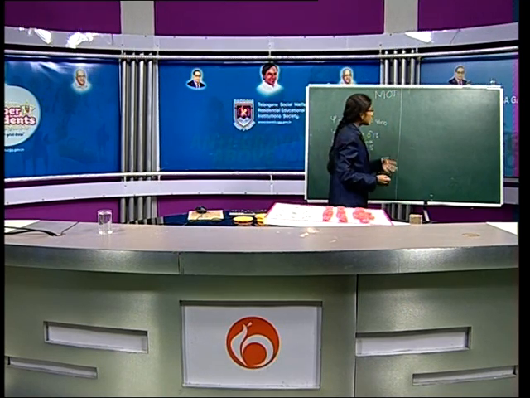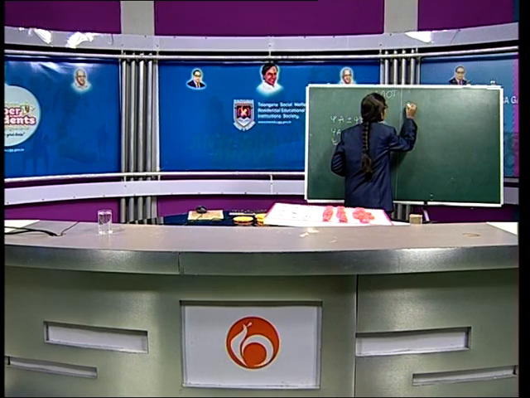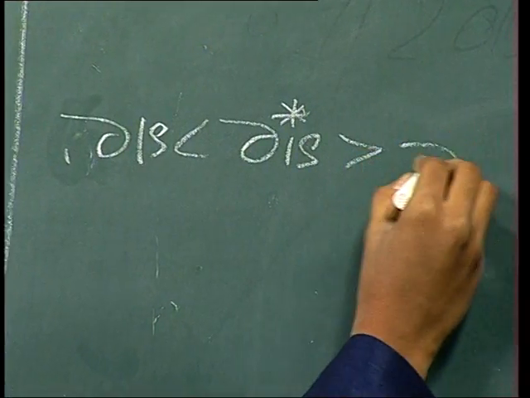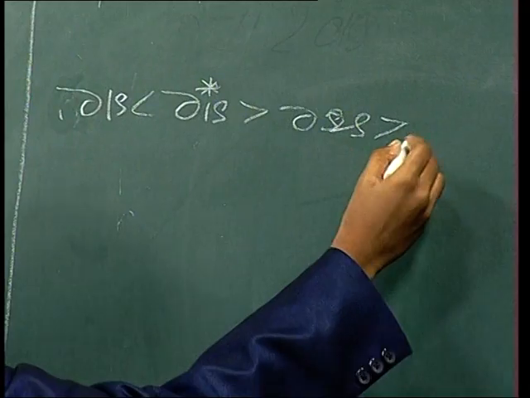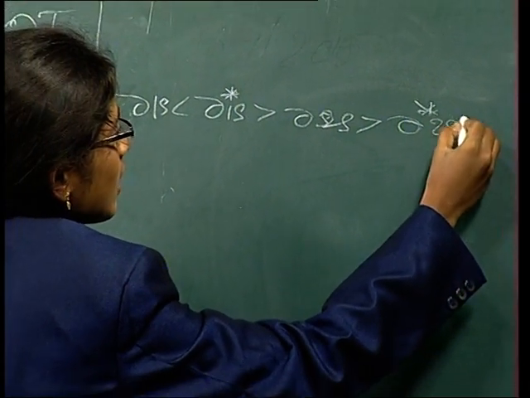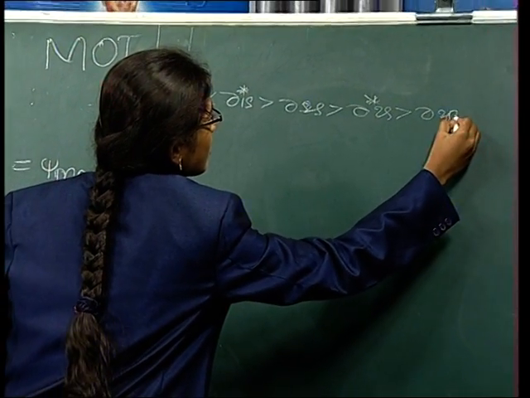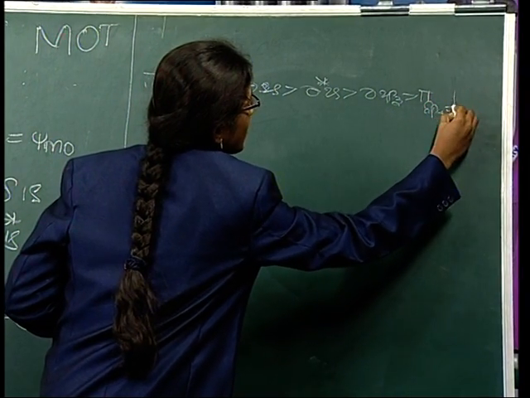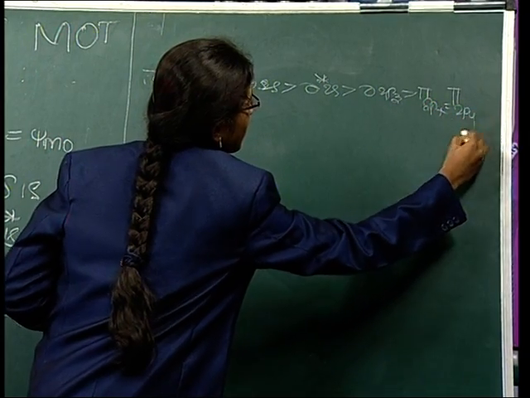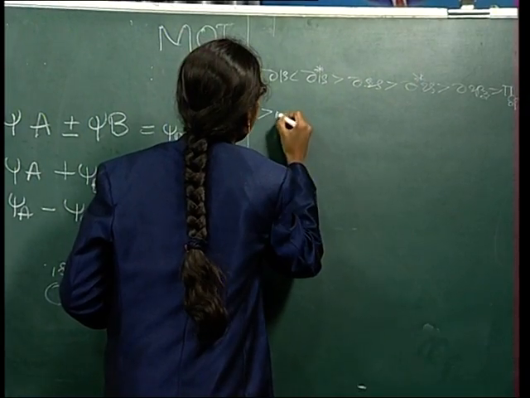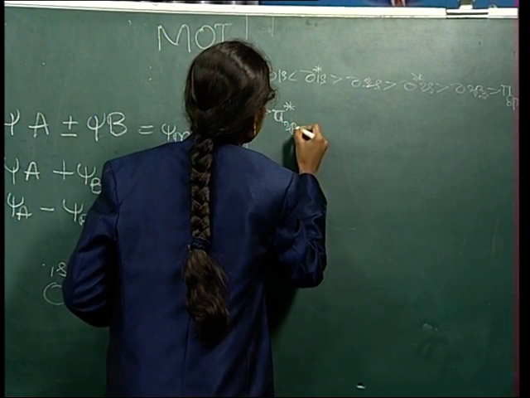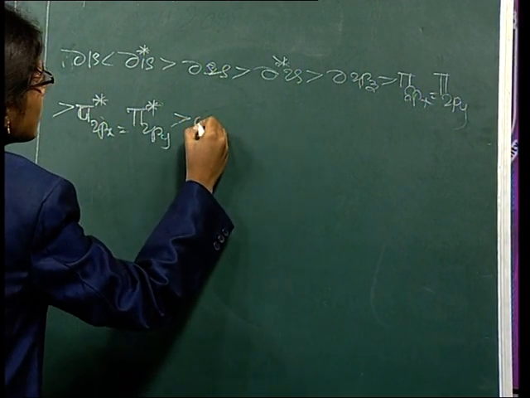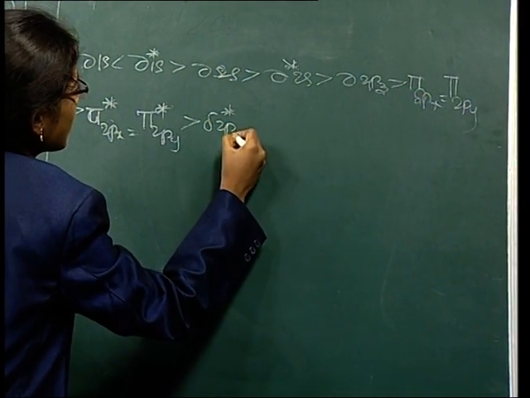The increasing order of energy level for heavier elements is sigma 1s < sigma asterisk 1s < sigma 2s < sigma asterisk 2s < sigma 2pz < pi 2px = pi 2py < pi asterisk 2px = pi asterisk 2py < sigma asterisk 2pz.